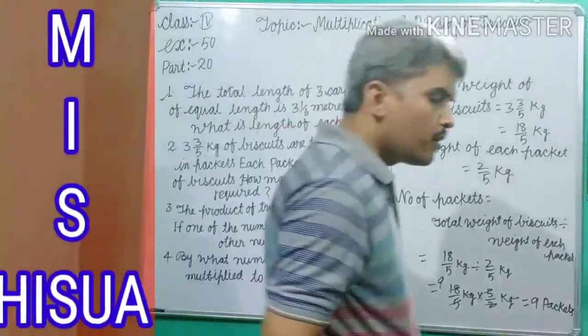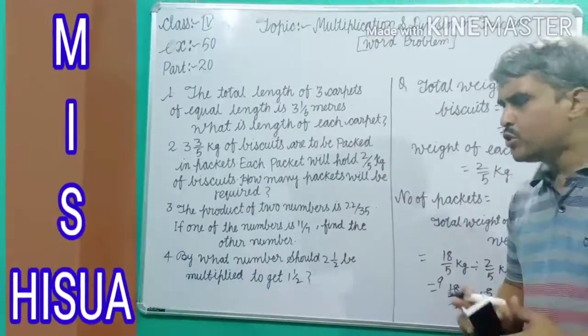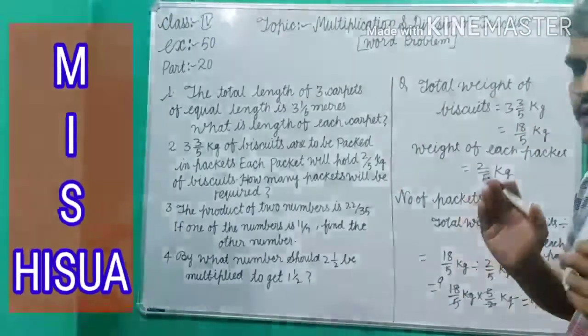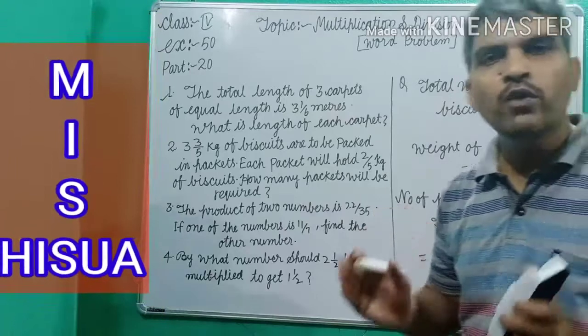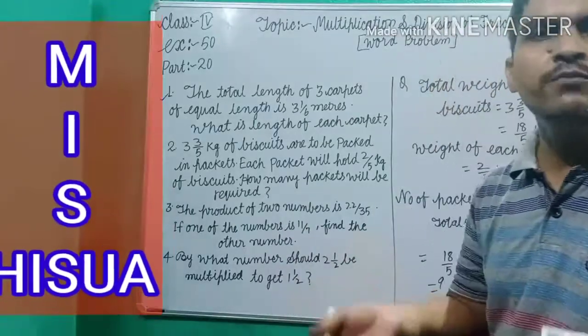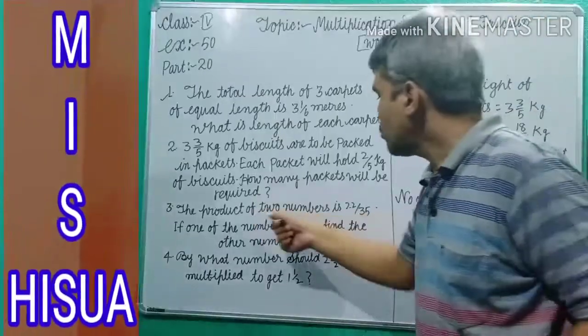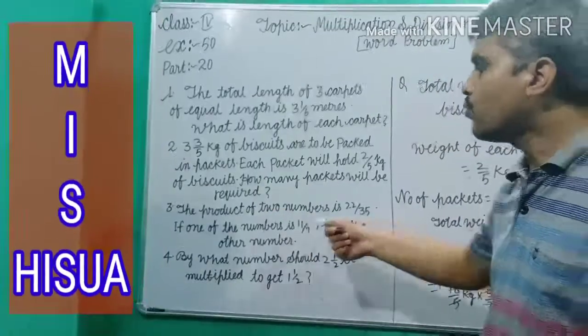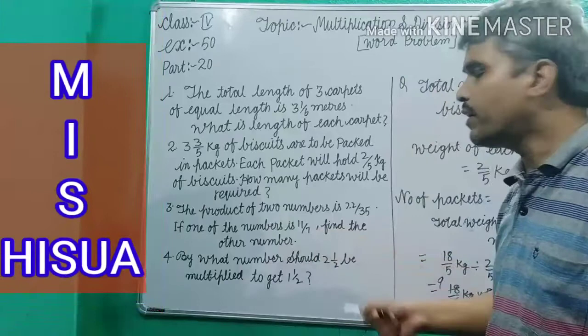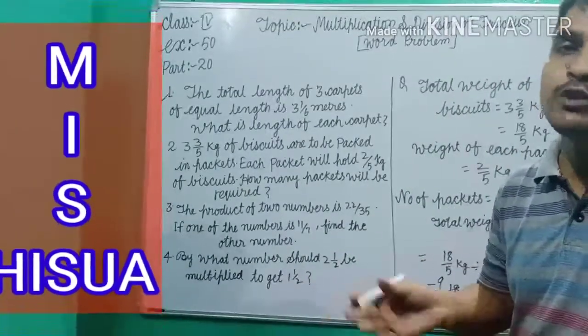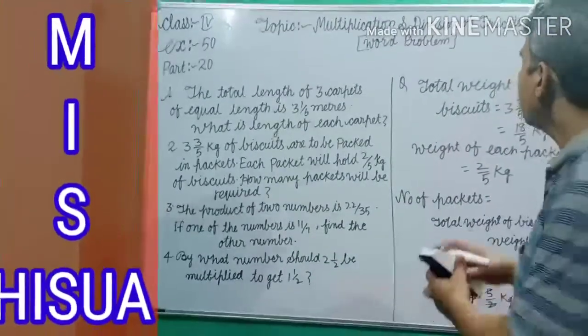In simplification, you know that when the sum of two numbers is given and one number is given, to find the other number, you subtract. Similarly, here the product of two numbers is given. One number is 11 by 7, find the other number. When you divide, then you find the other number.